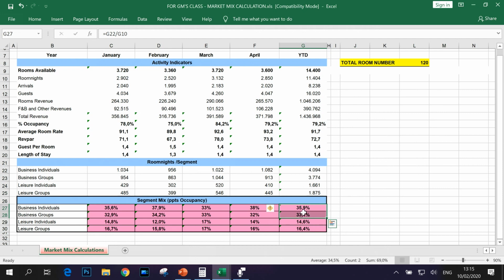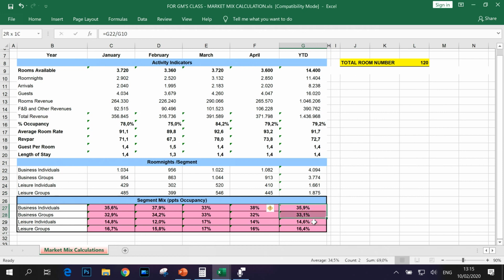That is why our number for guests per room was very low, 1.4, and length of stay was also quite low, because this is a business hotel. People do not stay for long, just a short time, and not many guests stay together with others. It is usually single occupancy, especially for business individuals, and business groups sometimes alone or sometimes with double occupancy.